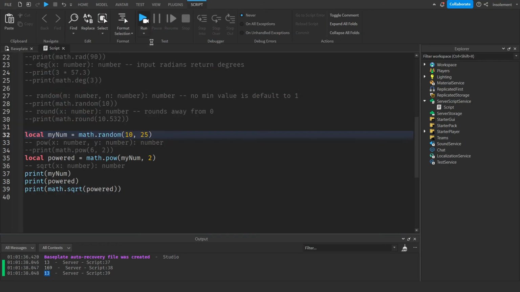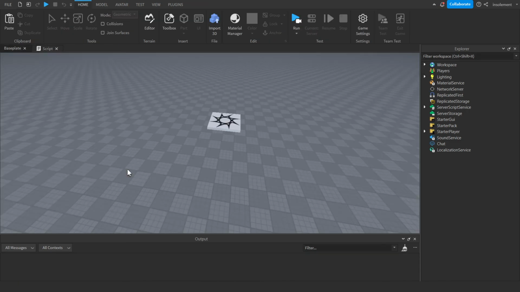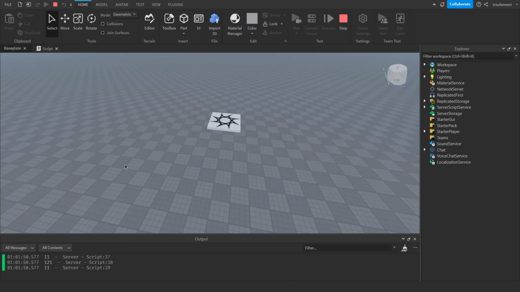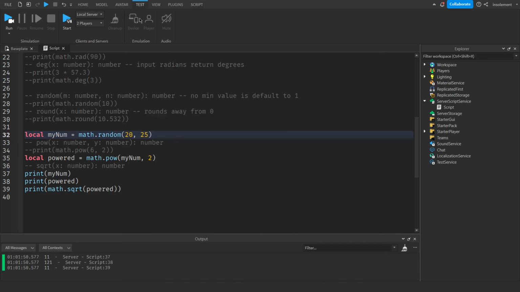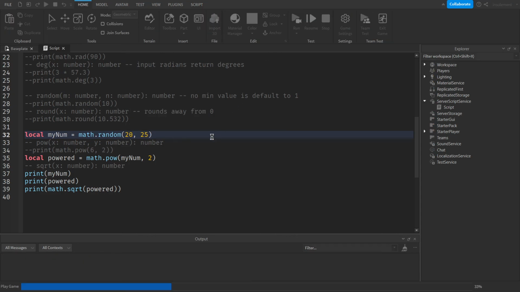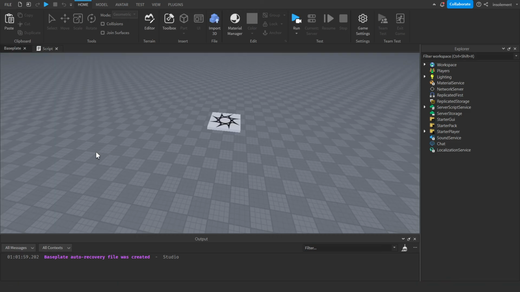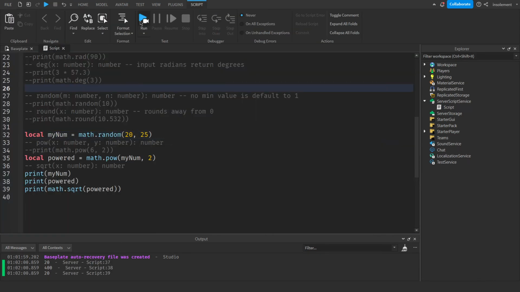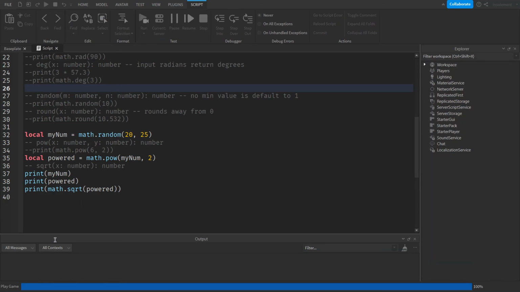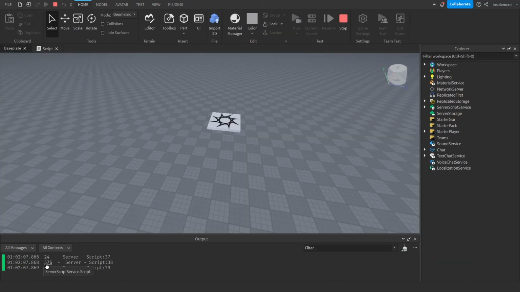So I'm gonna do it again. I want a bigger number. Let's see if we get a big number. Okay, what? Why is it giving me easy numbers? Okay, 24. 24 squared is 576. Square root back, it's 24 again.